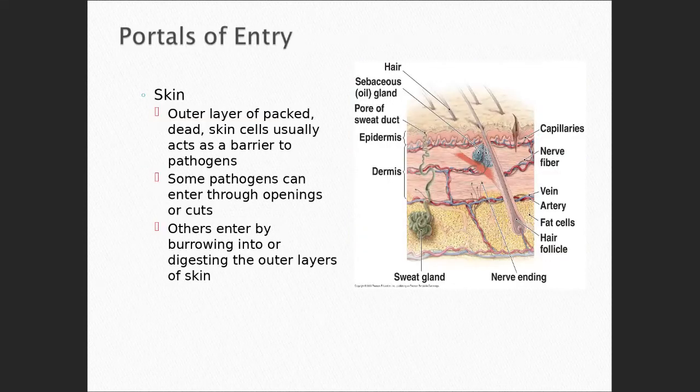So the skin is this really beautifully structured tissue organ, right? It's the largest organ in the body. And for the most part, it's going to stop almost everything from getting into your body. It's a really great barrier. There are a few things that can penetrate the skin and get into the body directly, but they're very few, right? So for the most part, if the skin's intact, you're protected. That's a good thing.